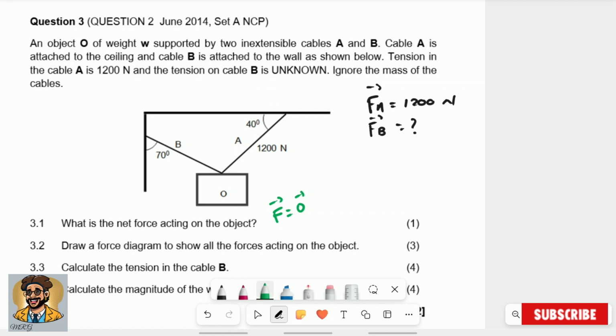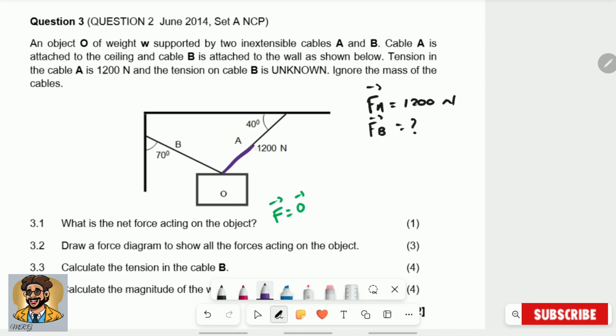Now draw a force diagram to show all the forces acting on the object. A force diagram, remember we spoke about that triangle. They don't want that triangle, they want a force diagram. Now a force diagram will be all the forces acting on that box. You will learn also about force diagram later on a little bit more in detail. But if we come here, for example, let's represent on the same picture what forces are acting there.